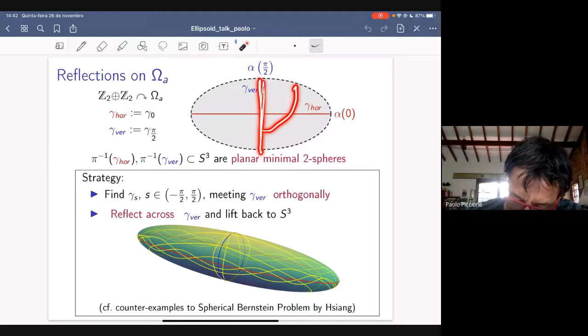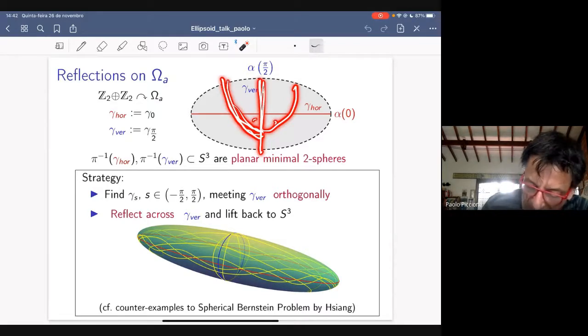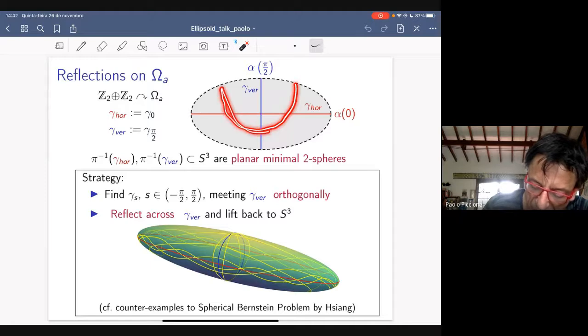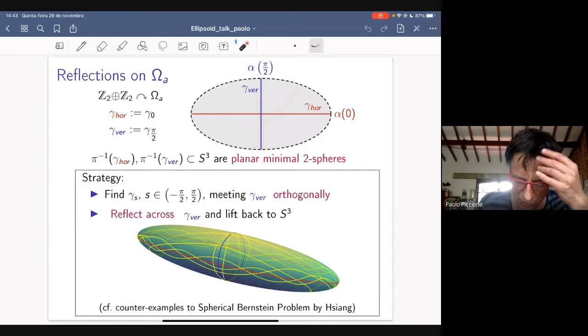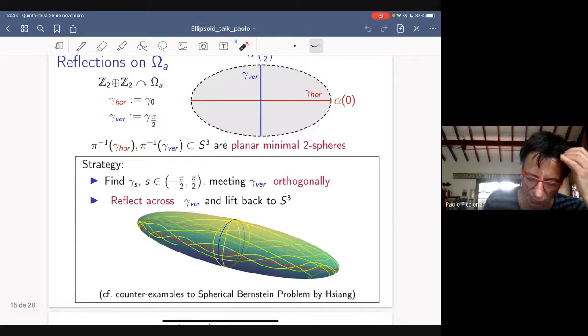Then we can reflect this and obtain an extension of this geodesic, which is now orthogonal on both sides, okay? So rather than having singularities on the two endpoints, we just have a singularity on one endpoint and a real orthogonality with this vertical geodesic here, okay? So this is our strategy.